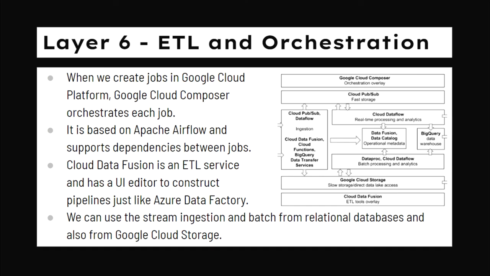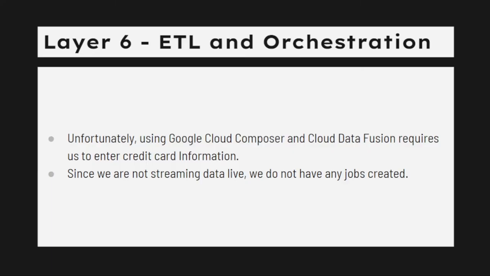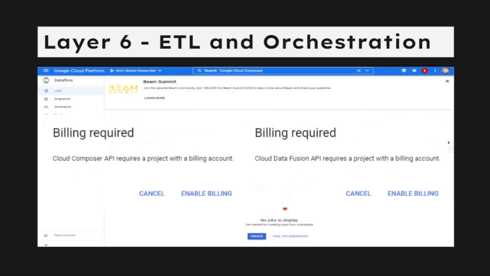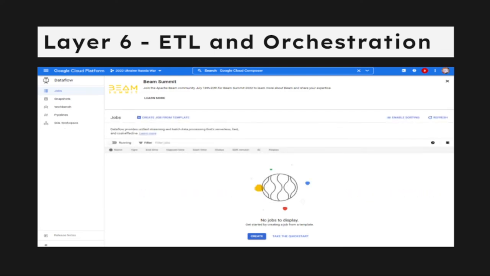We can use the stream ingestions and batch from relational databases and can also help in the form of Google Cloud Storage. So unfortunately, using Google Cloud would not work, as Google Cloud Composer and Cloud Data Fusion require us to enter the credit card credentials. Since we are not streaming live data, we do not have jobs created.